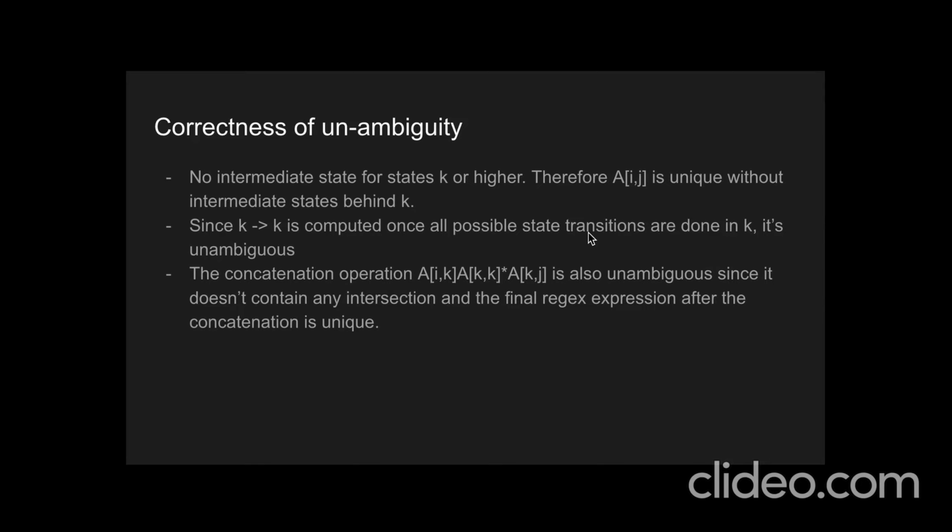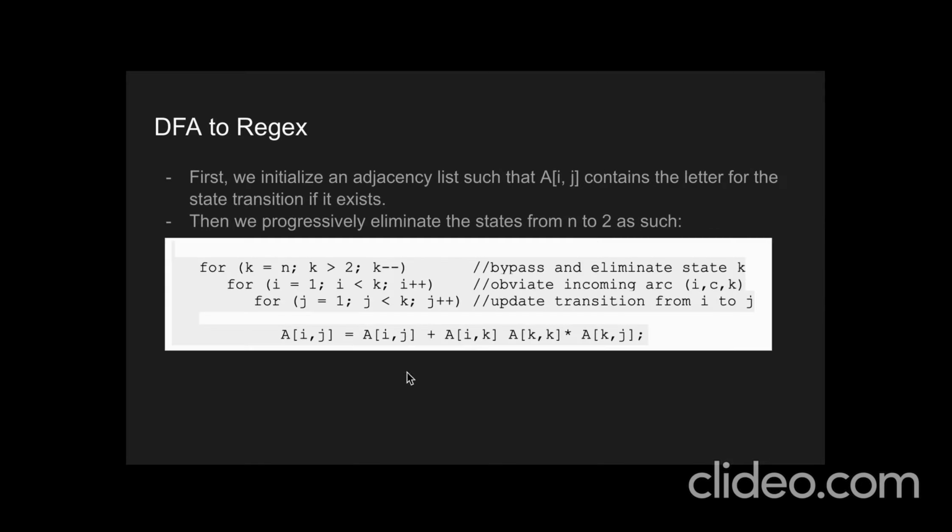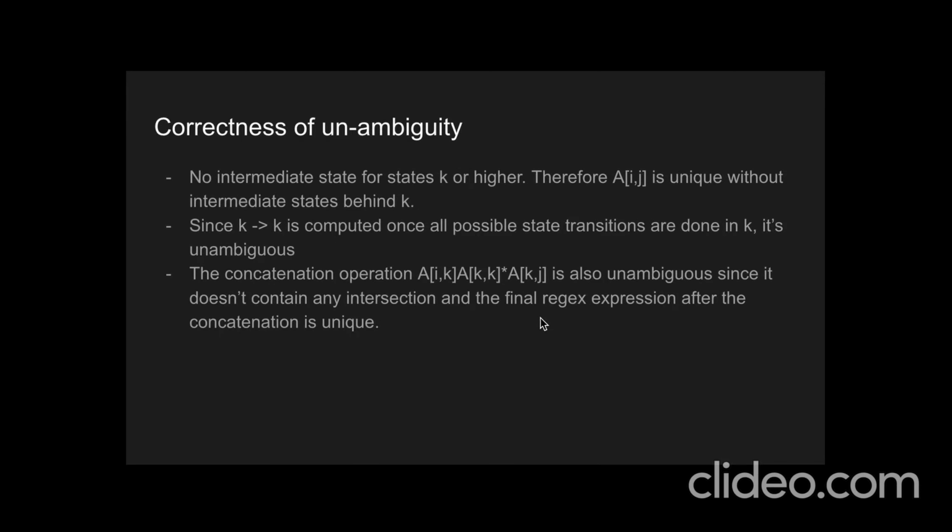And it's because state i to j does the unique sort of union and concatenation. We know for a fact that the Kleene star operation is also unambiguous and it doesn't form this breakable sequence. The concatenation operation itself is correct.